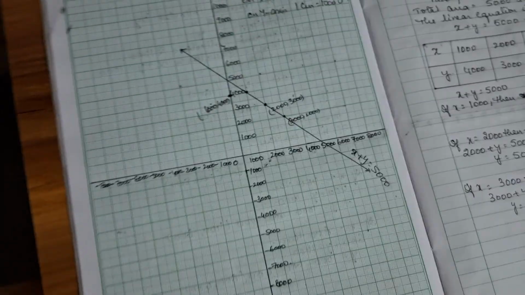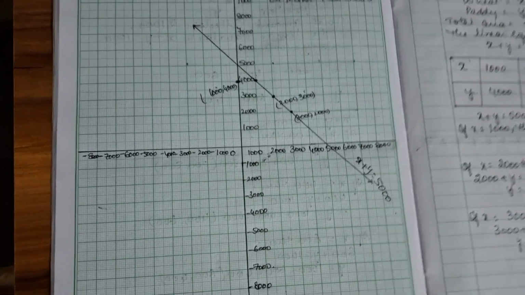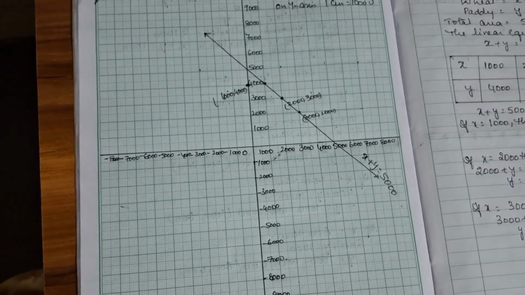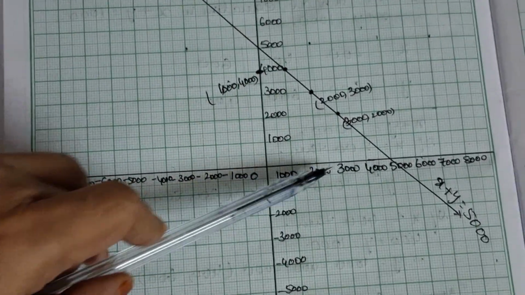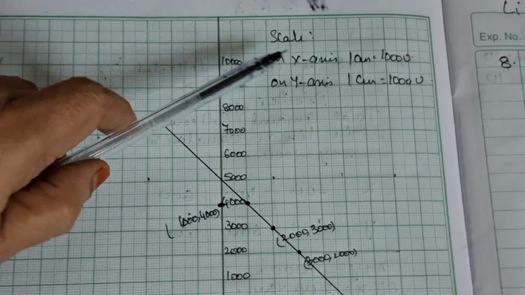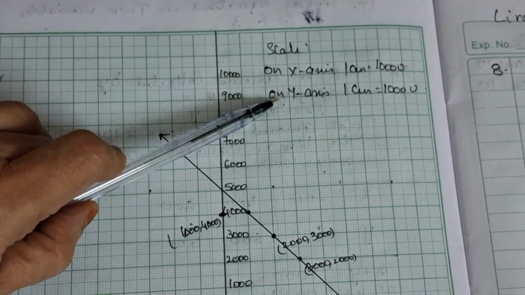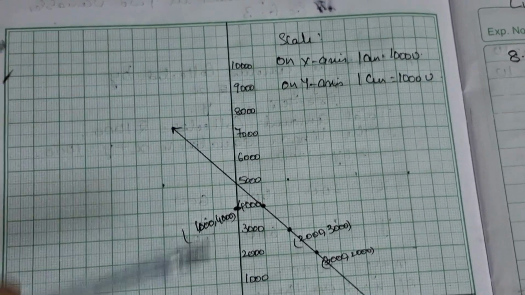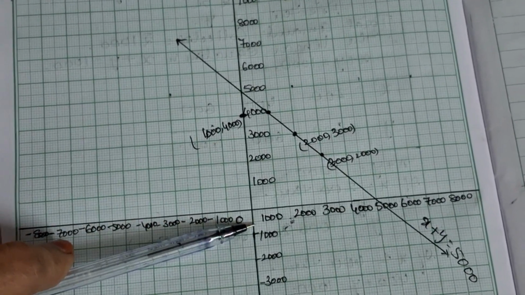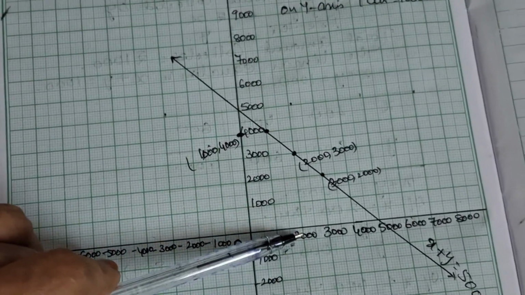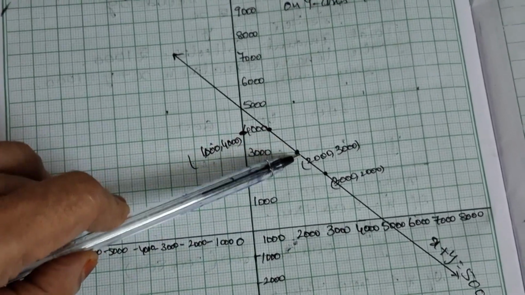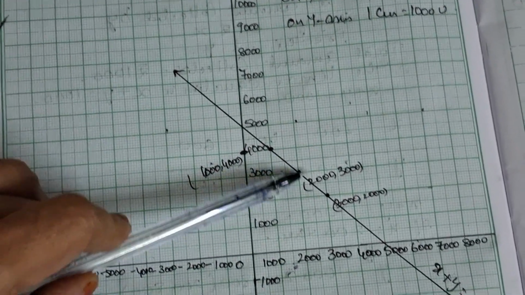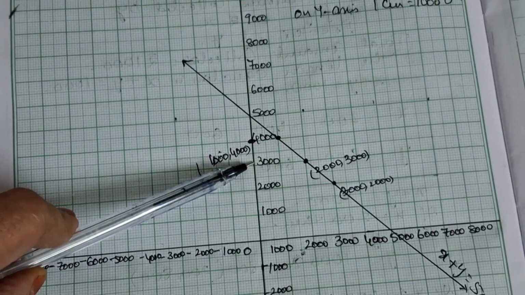So this is the graph that I have drawn. In this graph you see the values that I have taken, 1000, 2000, 3000. The scale is given like this: on the x-axis 1 centimeter is 1000 and on the y-axis 1 centimeter is equal to 1000 units. If I take x as 2000, then y is 3000.